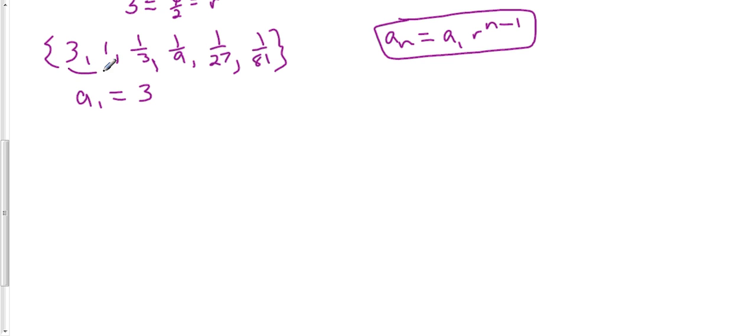So again, I'm going to take my first 2 terms. I'm going to remember from my recursive definition that the second term has to be equal to the first term times R, or that common ratio, and I'm going to substitute in.